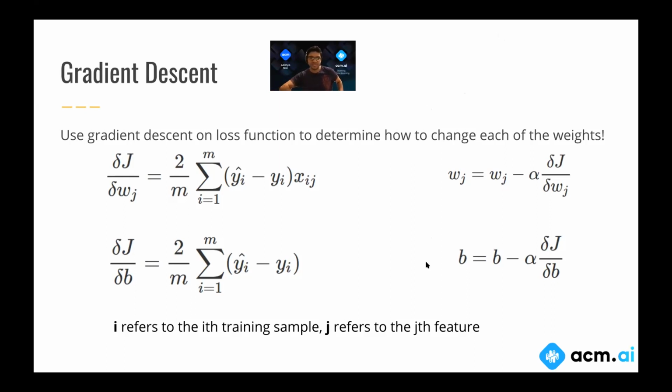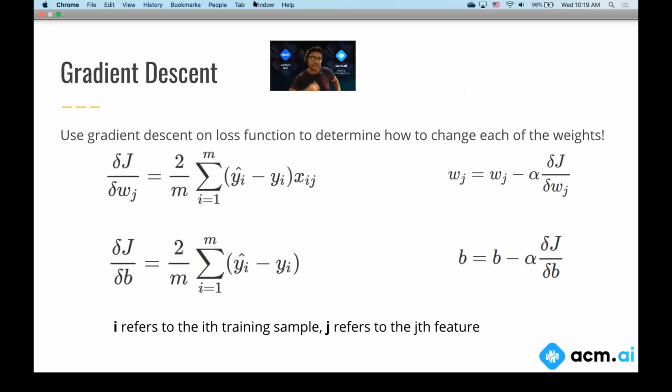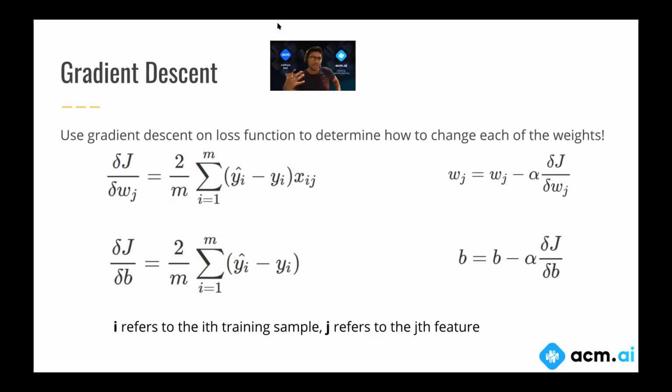And we might have hundreds, like 200, 300, whatever number of weights. We need to calculate the partial derivative of the loss function with respect to every single weight to understand what new weight we need to get to.